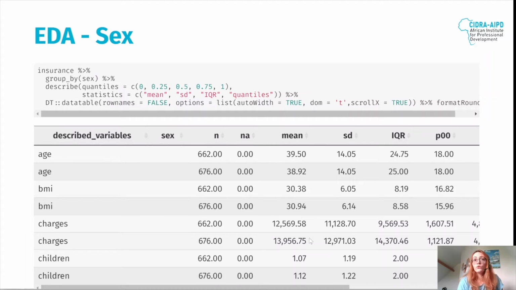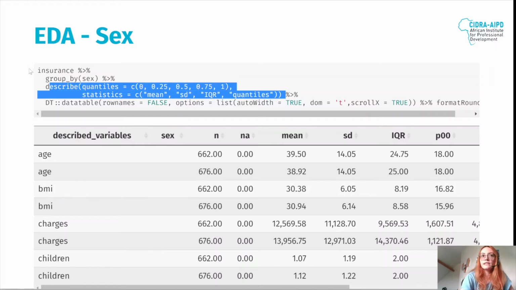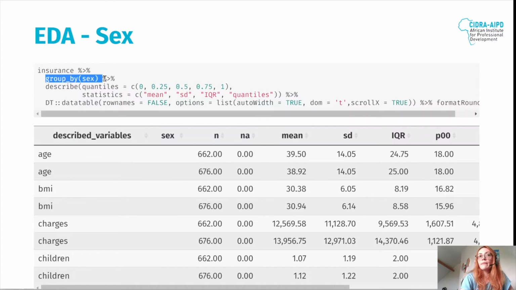Now we can also show these descriptive values for each of the categorical variables. So for example, by sex, I'm displaying the same information, the same statistics. The only difference is that I'm actually grouping by sex beforehand.